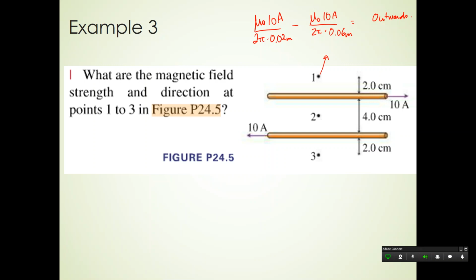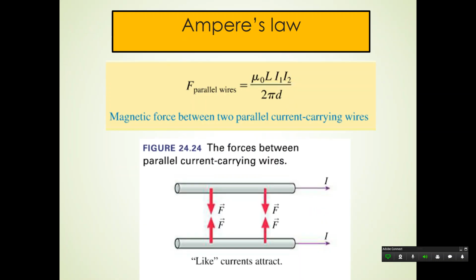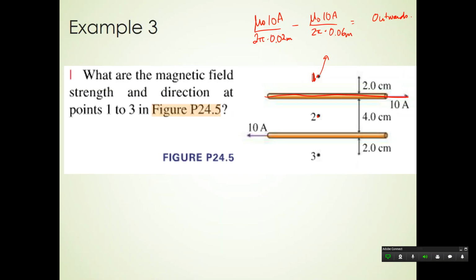Because look, before, one was above both of the wires, but now one of them is below one of the wires and above the other one. If you use the right-hand rule, right? For the first wire, the top one, the magnetic field is going to be going into the page. And for this one, if you're going towards the left, then it's also going into the page. So the vectors actually add up. So you're getting double the magnetic field strength going into the page at that point, right?